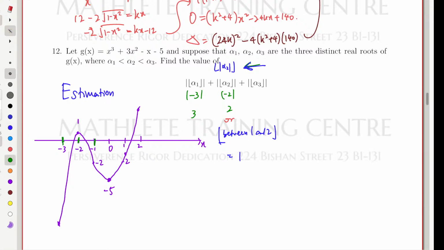And finally, the last one you round down the value between 1 and 2, that's going to be 1. The absolute value of that is just going to be 1. So if it's the bottom case, which more likely it is, unless they admit they made a typo, then it's going to be 3 plus 1 plus 1 equals 5. If they indeed made a typo, then it will be 3 plus 2 plus 1, which is 6.